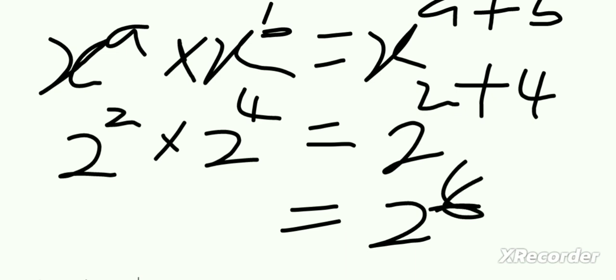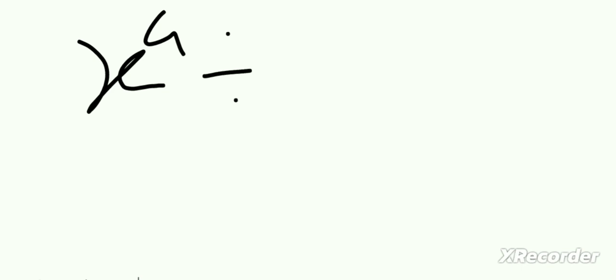Now, the second law of indices is the division law. Similar to the multiplication law, when you are given x to the power of a divided by x to the power of b, as long as the bases are the same, x, simply subtract the exponent. This gives us x to the power of a minus b.